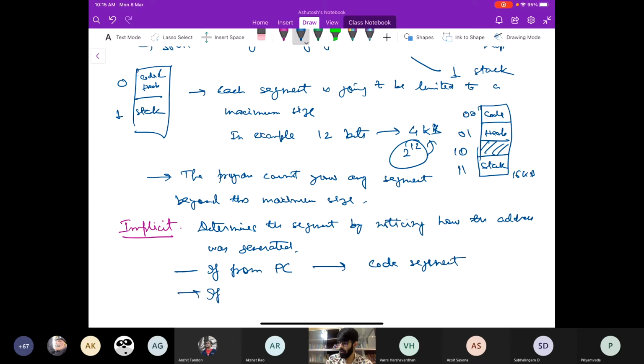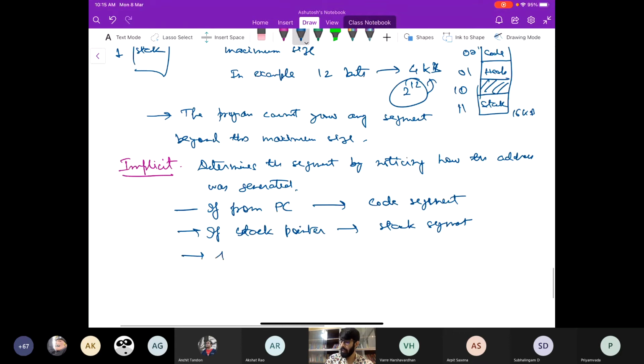If it comes off the stack pointer, or the address is based off the stack, then it's the stack segment, and anything else is going to be heap. Okay, so that is the implicit approach, but we'll not be going into detail for that.